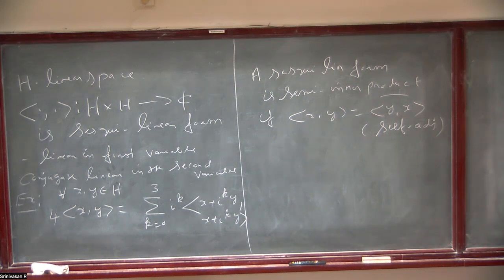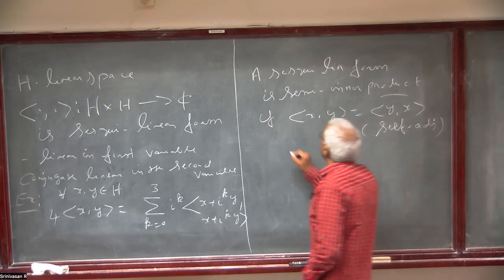If you have some fixed vectors x1 to xn, and you take the inner products between xi and xj as a matrix, that matrix will be a self-adjoint matrix if this is satisfied. That's why it is self-adjoint.